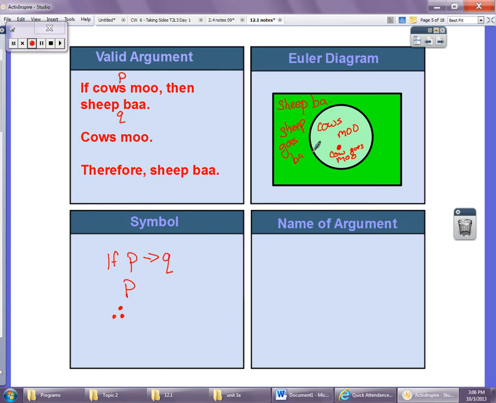So that means if P, then Q, well, we have P, therefore we have to have Q. So this argument will be modus ponens, also known as MP.